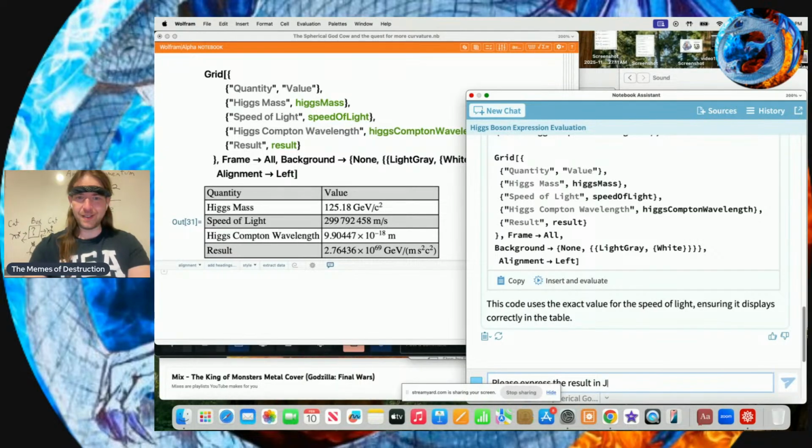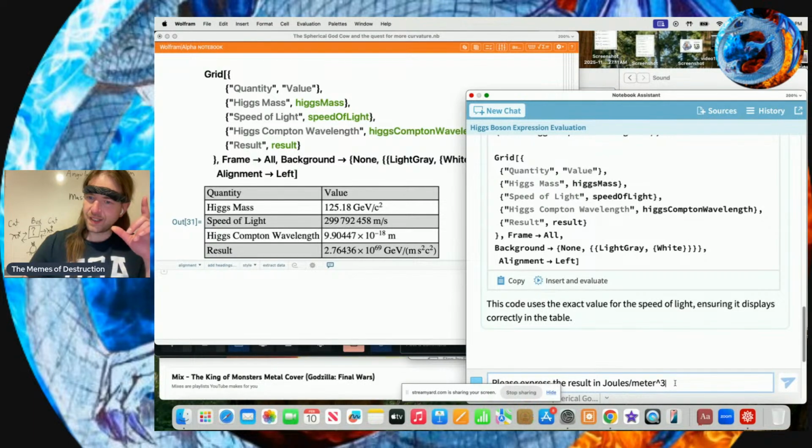in joules per meter cubed, because it's an energy density. Because that's energy divided by that, so that should be mass divided by length and time.